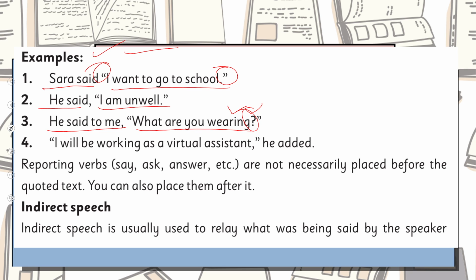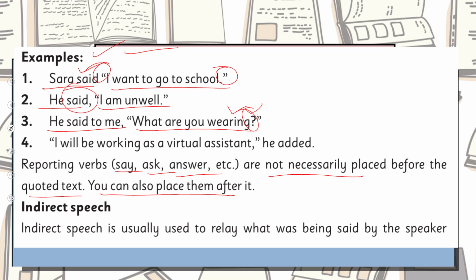Now, here said is your reporting verb. Now, reporting verbs say, ask, answer are not necessarily placed before the quoted text. You can also place them after it. So, it means that he said, "I am unwell."